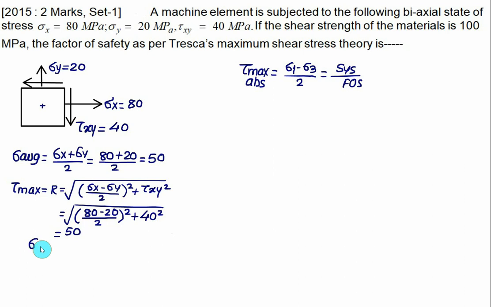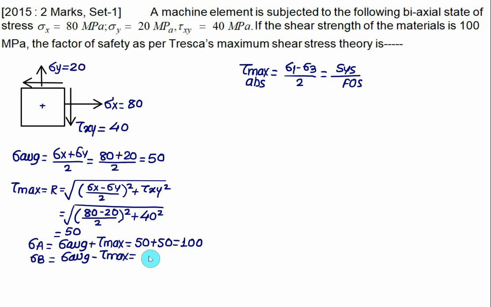So sigma a, the principal stress, is given as sigma average plus tau max. One value of tau you have to select positive, the other negative. Sigma average is equal to 50 plus 50, that equals 100 megapascal. Secondly, we have sigma b equal to sigma average; this time we'll select the negative value of shear stress.